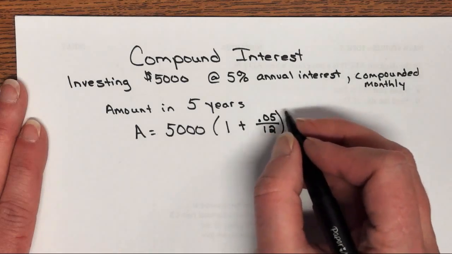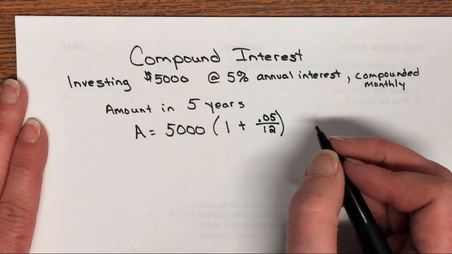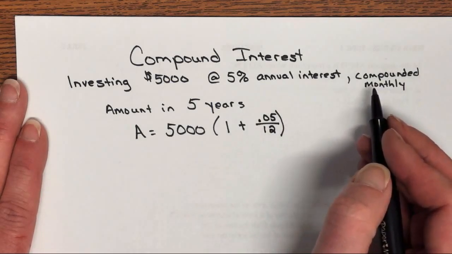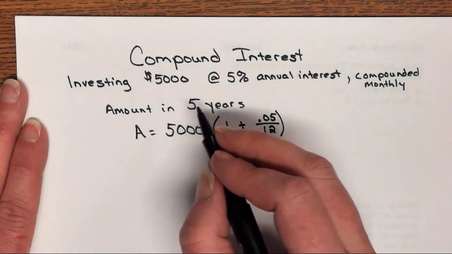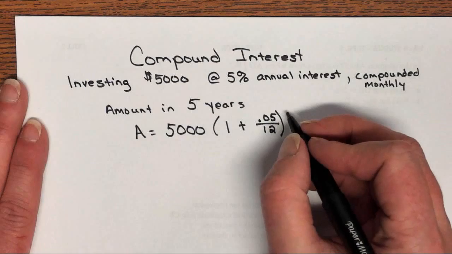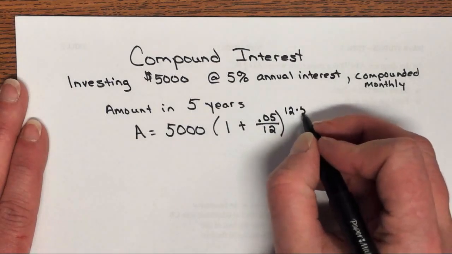Now, up here, we need to know how many times this is going to be calculated. Well, it's being calculated 12 times a year for 5 years. So how many total times is it being calculated? Well, that's 12 times 5. That's 60.